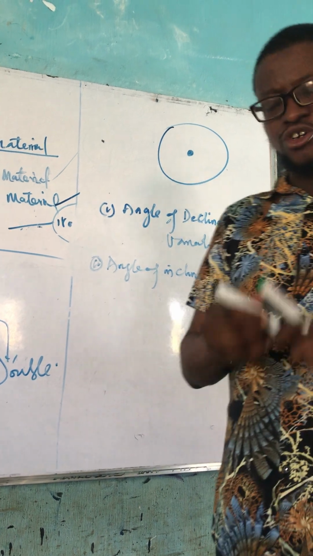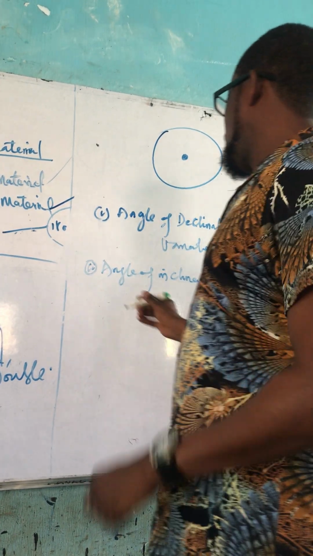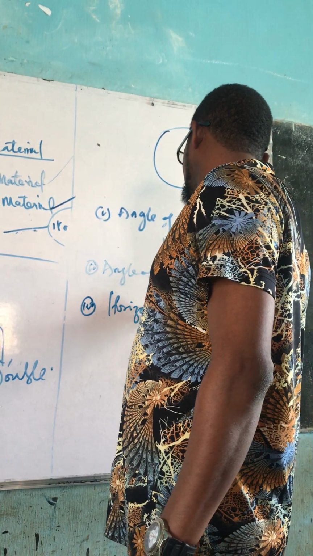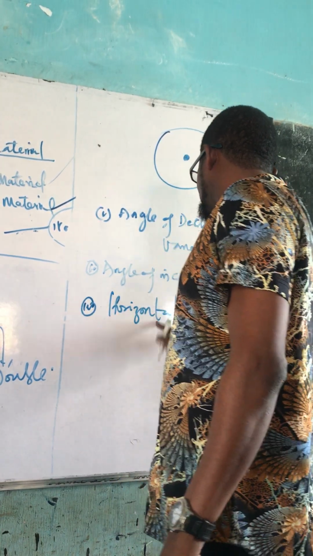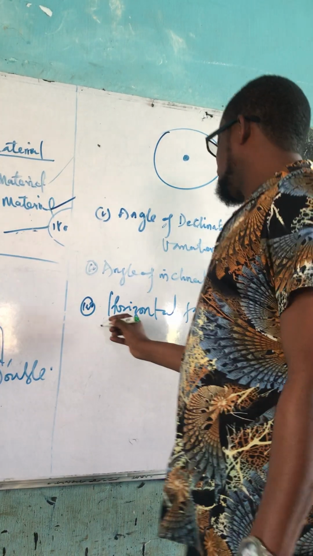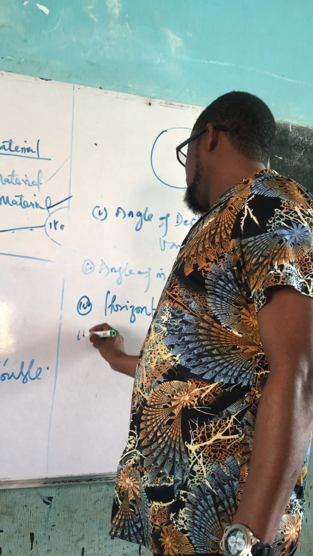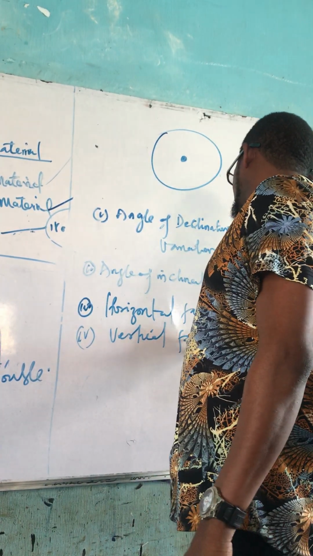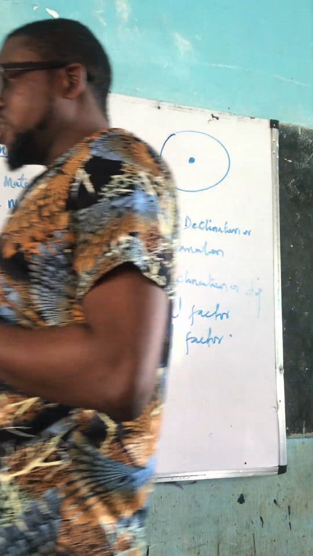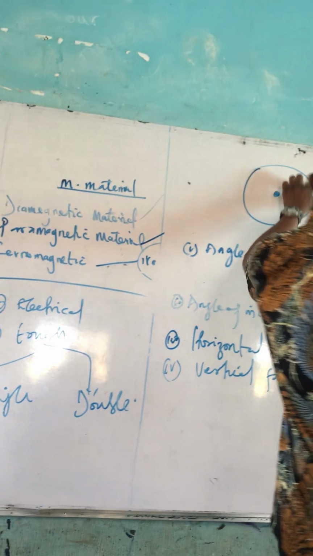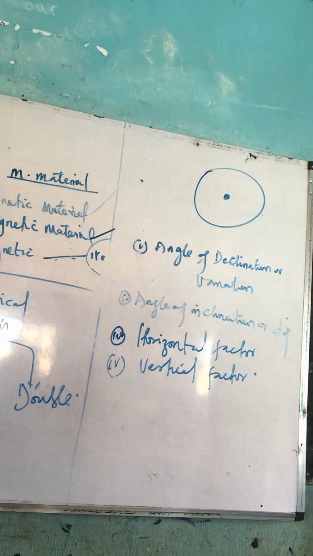Angle of inclination or dip. Then another one is the horizontal factor. Then the last one is the vertical factor. So these four factors we have on the board will tell us how strong the magnetic field is going to be. Now let's pick the first one.